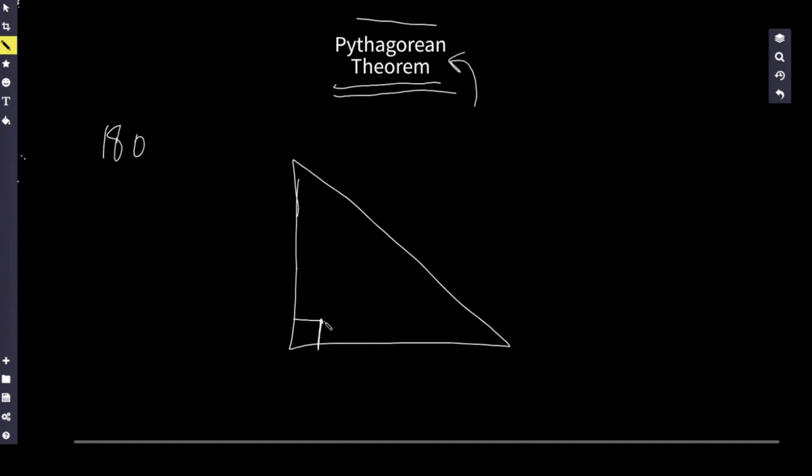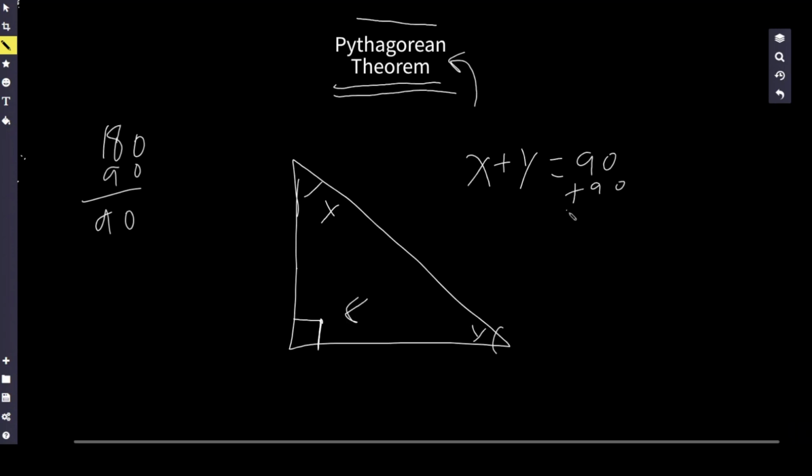But in a right triangle, we already know one of them is 90. So these two angles must sum to 90. So if we have x plus y, that must be equal to 90, because we already have a 90 here, and the total must be 180.